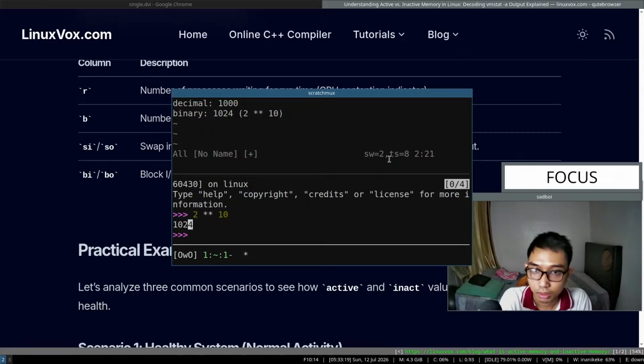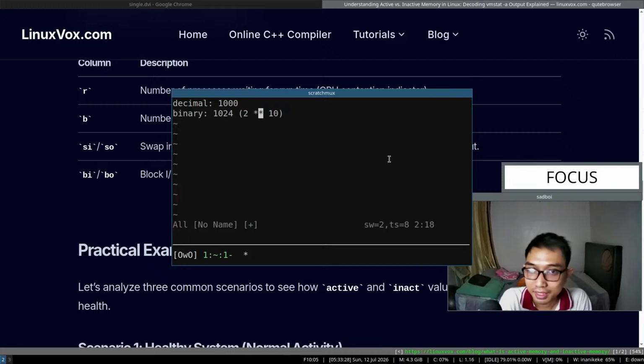Yeah, to the power of 10. Okay. Yeah, that's not the case. This is the, what is it? Gigabyte, I guess. This is kilobyte. Just something to keep in mind.